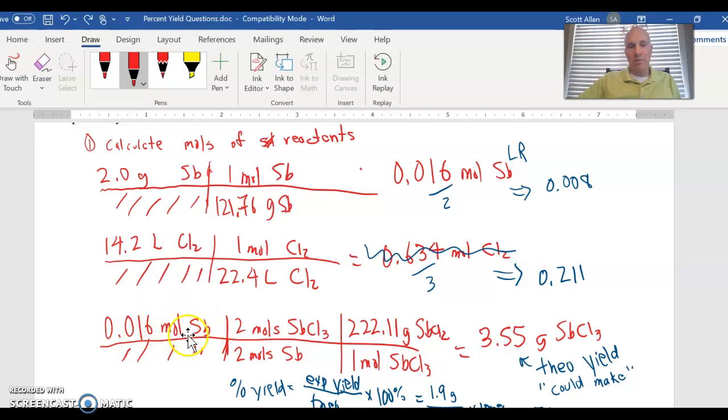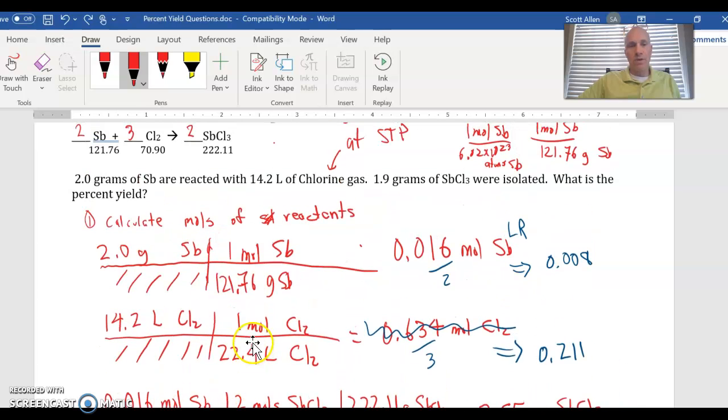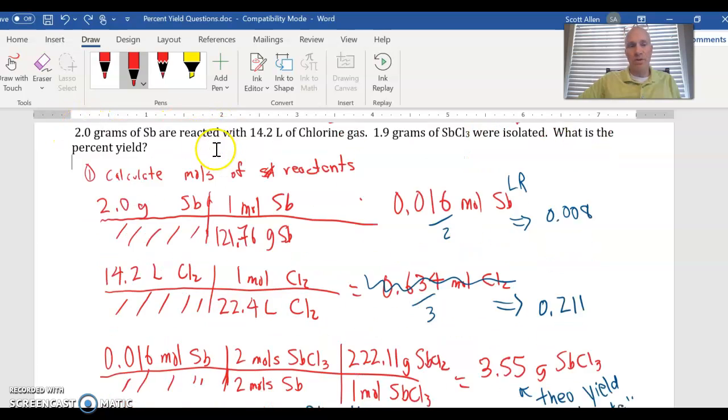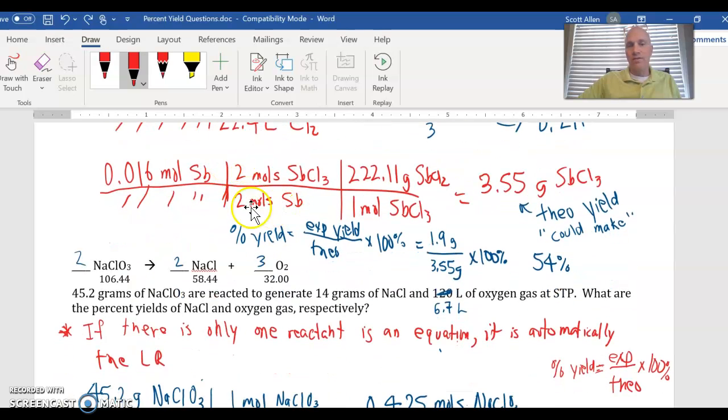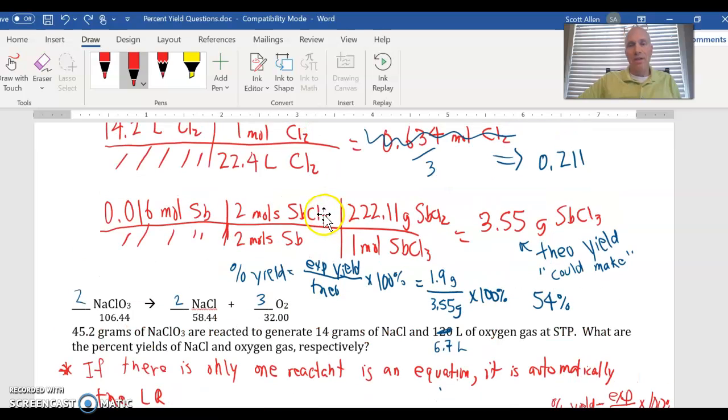We're going to use that number right here, and then we can say, based on these coefficients, that for every 2 of these, we should be able to make 2 of these. So for every 2 moles of this, we should be able to make 2 moles of that, and then we figure out how many grams that would correspond to. And we calculate 3.55 grams.